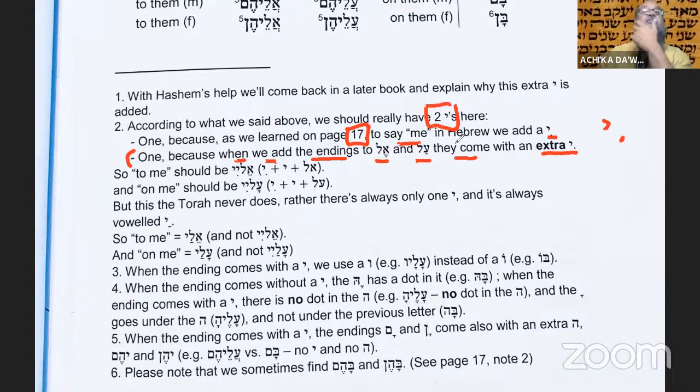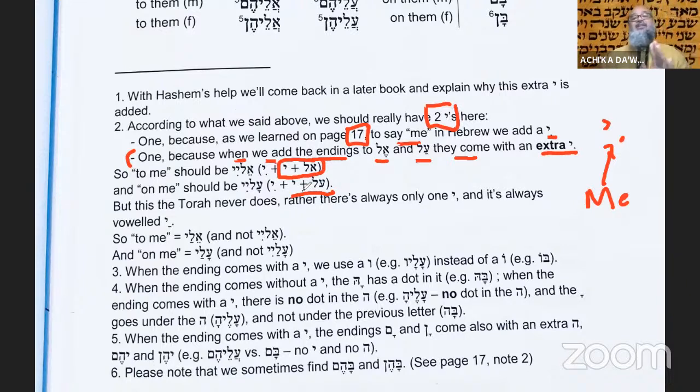Because when you're talking about "me," remember the "me" on the previous page? They added this to say that you can add that to any ending. That's the first yod, okay? They're saying there really should be 2, because the rule is that the prepositions al and el come automatically with the yod. But it says the Torah never does this. Rather, there's always one yod and it always has a vowel.